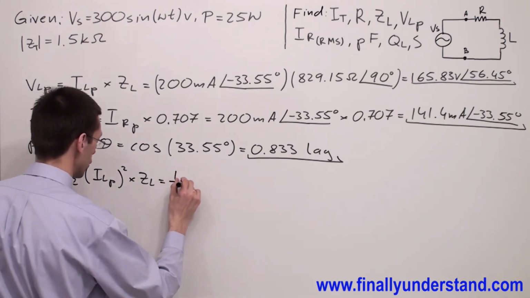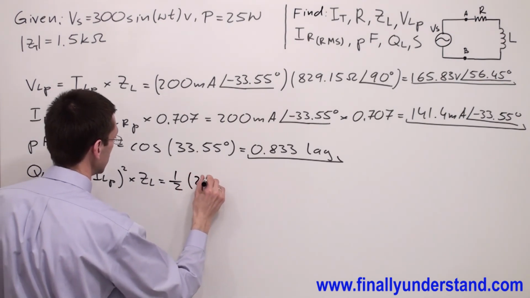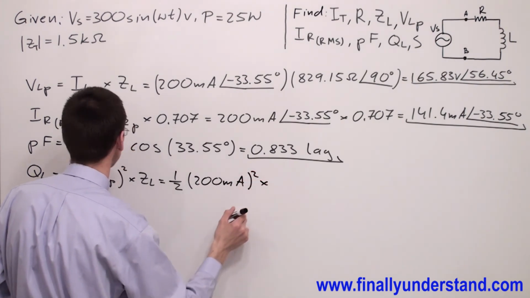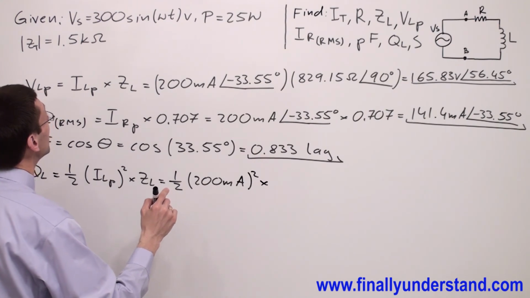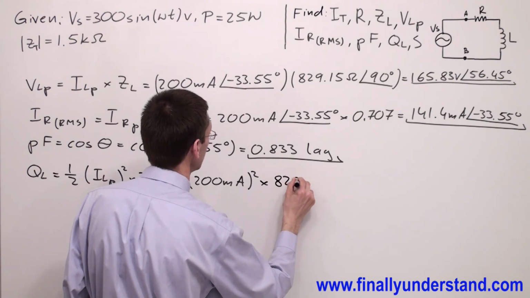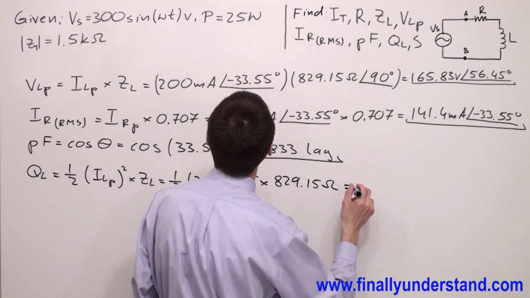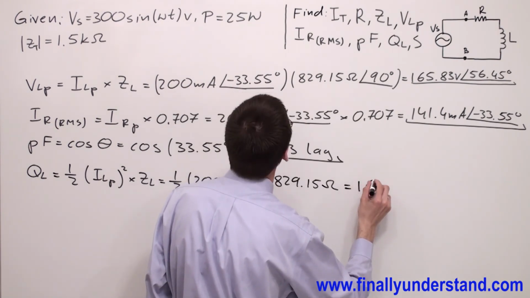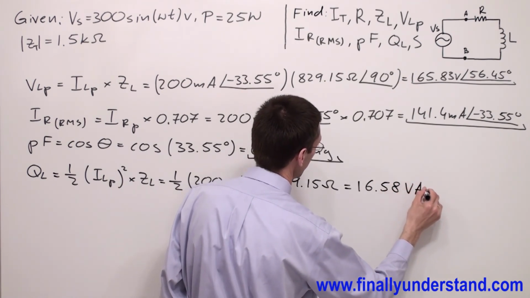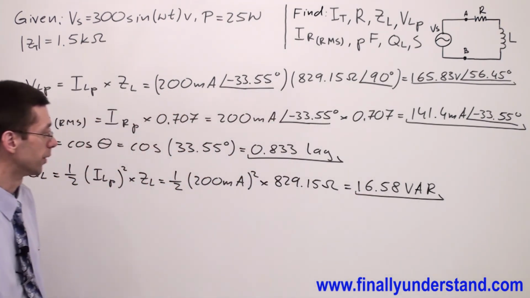So I have 1/2 times 200 milliamps to the second power times ZL, which is equal 829.15 ohms, and this is equal 16.58 volt ampere reactive. So this is the reactive power in my circuit.